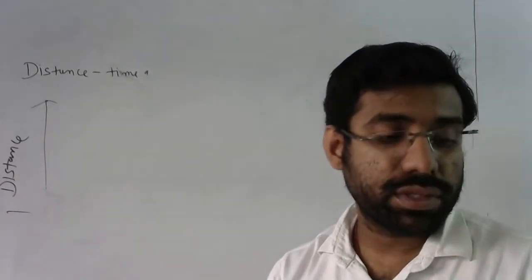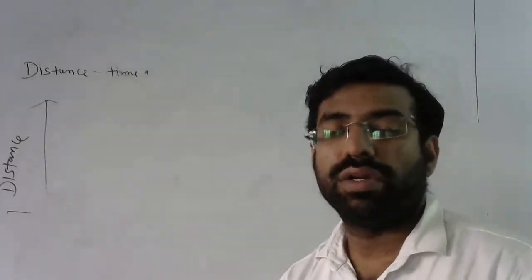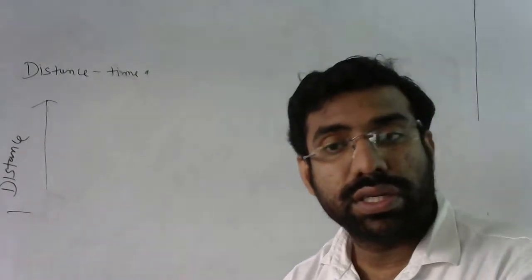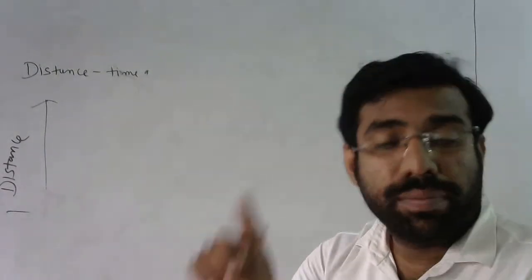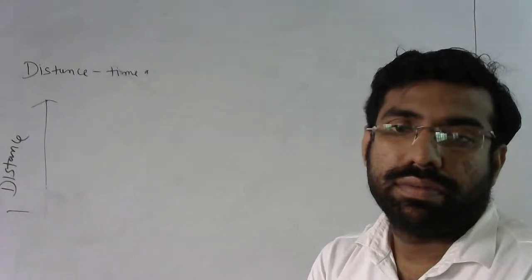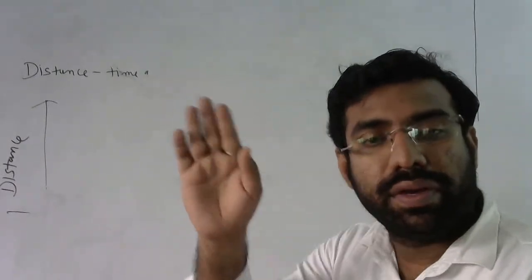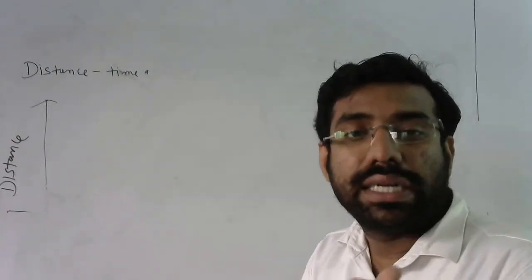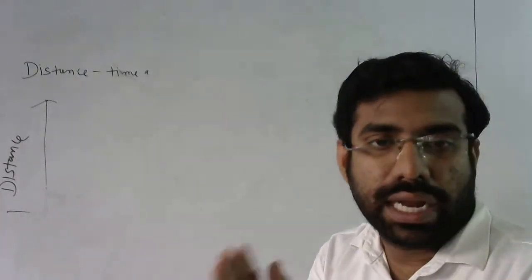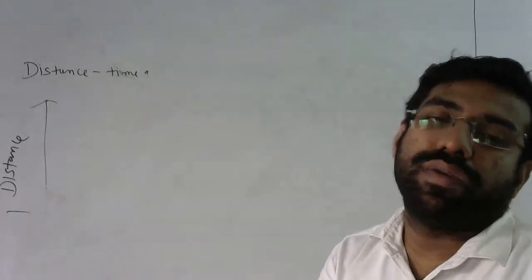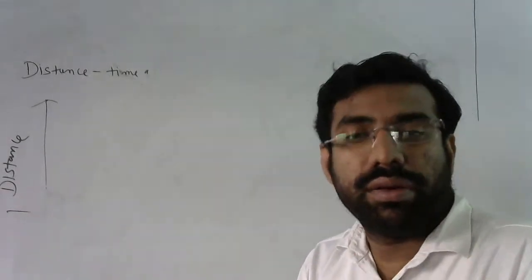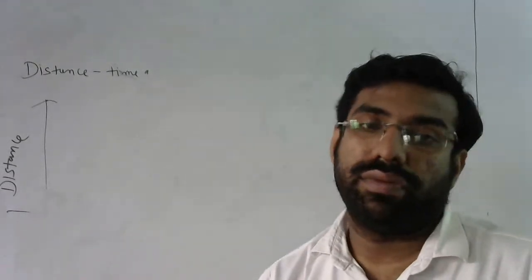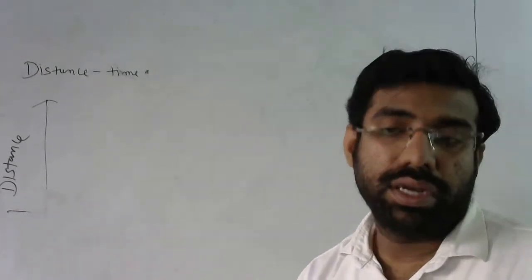Then tell me, what is a velocity time graph? If somebody asks you what is a velocity time graph, what will you say? The plot between velocity and time, showing variation as time passes, and the velocity of an object changes or remains constant, that particular plot is called the velocity time graph. Write down everybody.